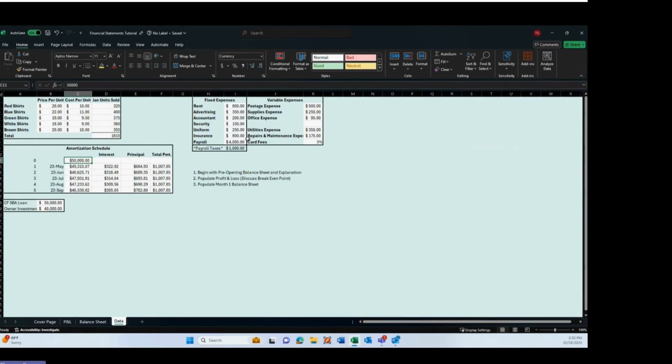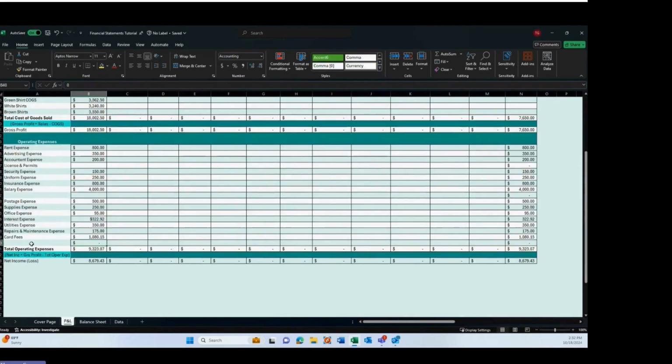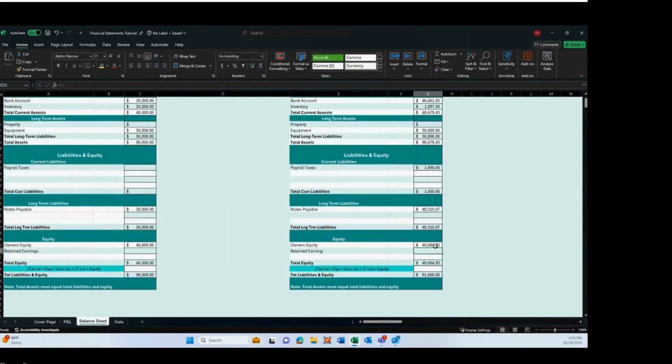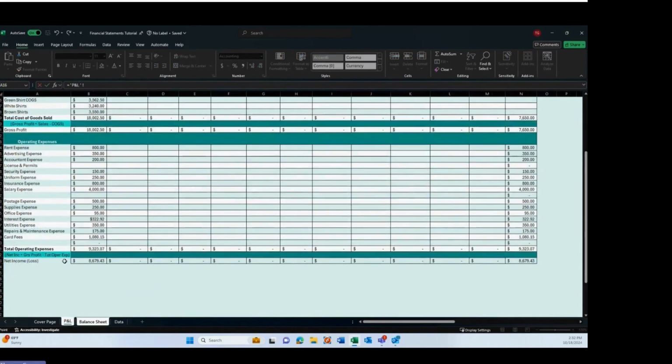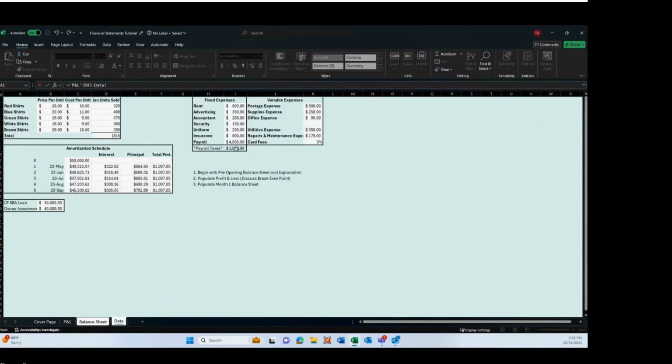So we need to subtract that from our net income. So what that is going to look like is we go equals. We go over to our net income, but then from that, we have to subtract these payroll taxes.